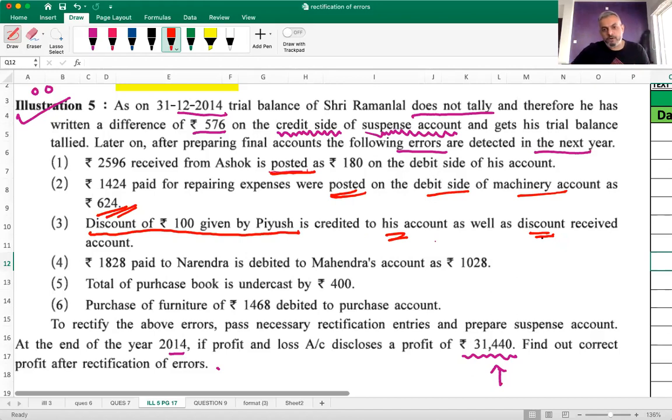Now, discount is given by Piyush. We should have credited it to discount account, but we credited to discount account as well as to Piyush account. So, what has gone wrong over here?